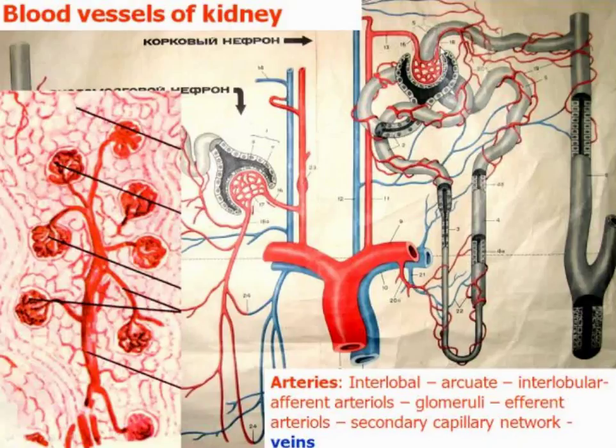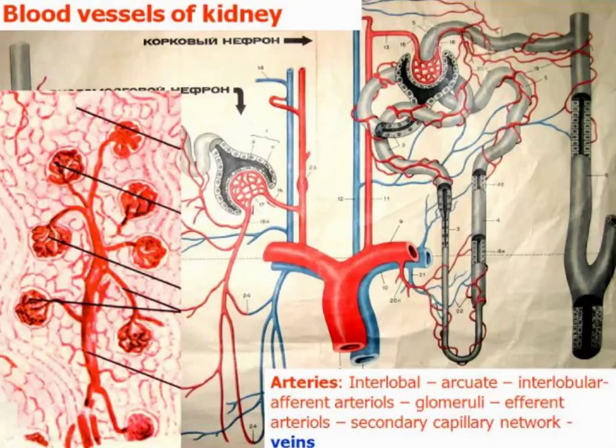Then the efferent arteriole, which is smaller as compared to the afferent. Then a secondary capillary network, which surrounds the renal tubules.